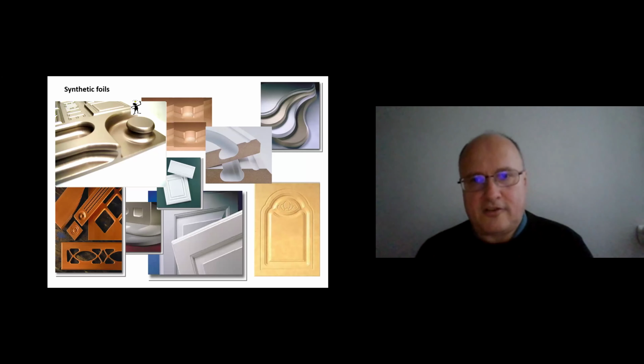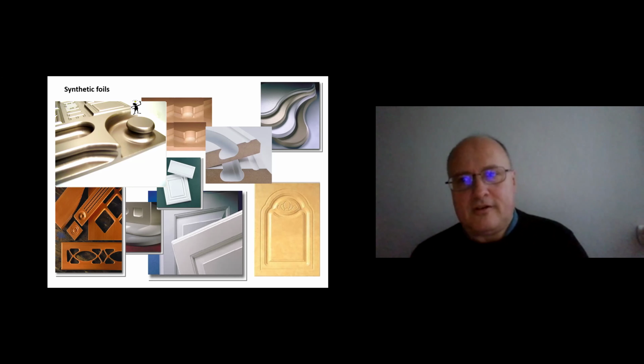Next, foils. For furniture designers, some people are interested in something new, something interesting for customers. And you can see different effects. Instead of very expensive wood species, it can be a combination.